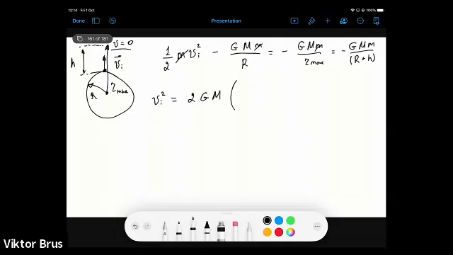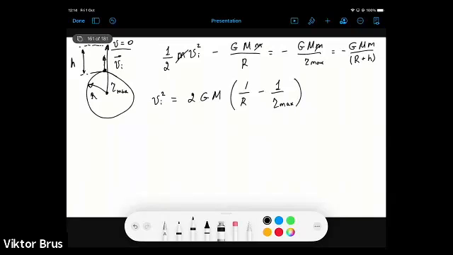That will be times the expression in parentheses, which will be equal to 1 over radius of the planet minus 1 over this maximum distance it will reach from the center of the planet.